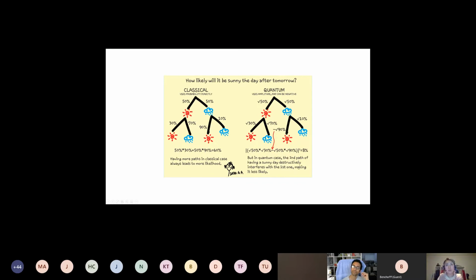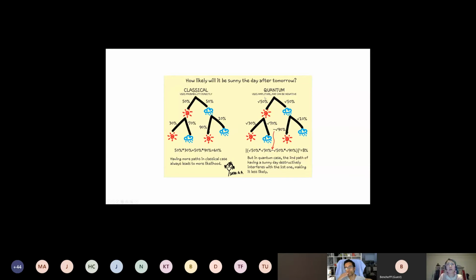But if your system is quantum, there's no reason we cannot give it a minus sign. I just arbitrarily put a minus there.